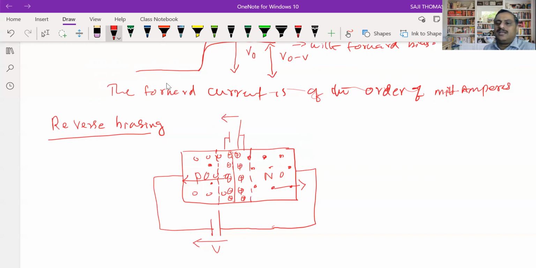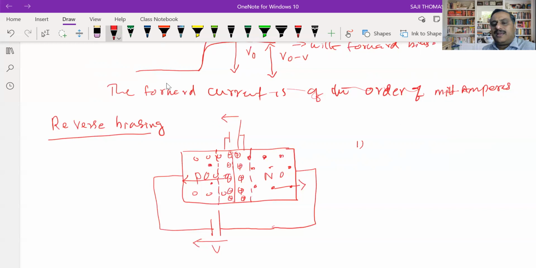So applied potential aids the junction potential. So the effective potential at the junction is V0 plus V. What is V0? Potential barrier. V is the applied potential difference. Barrier height increases. Okay, so this is what happens in reverse bias.